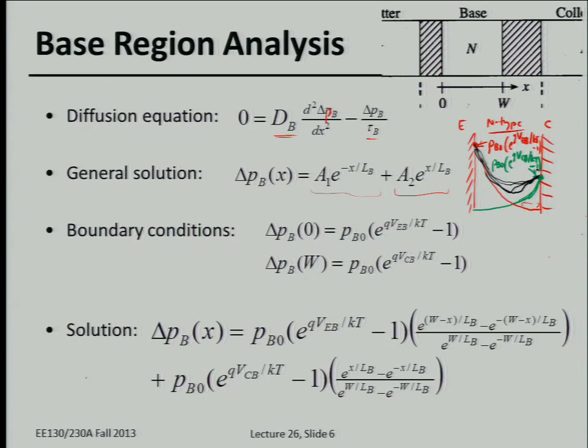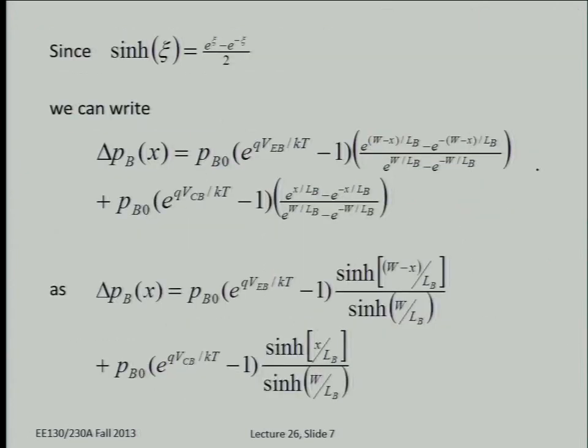So we can take advantage of the fact that hyperbolic sine is a shorthand for writing exponential of something minus exponential of minus the same argument. So this in the middle here is exactly the same expression for the excess hole concentration in the base as on the previous slide, and all we're doing is rewriting it in terms of hyperbolic sines.